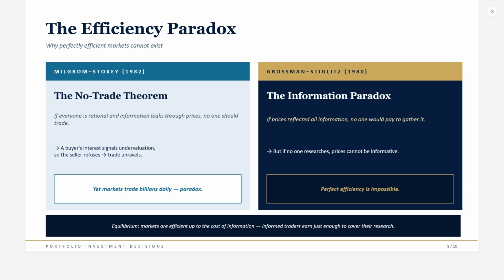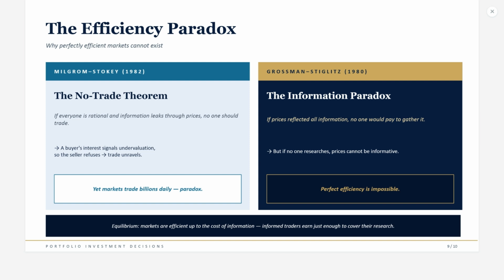When it comes to the efficiency paradox, why can perfectly efficient markets not exist? We can explain the paradox with the Milgrom-Stokey theorem and the Grossman-Stiglitz theorem, which was described in the 1980s. It talks about the information paradox: if prices reflected all information, no one would pay to gather it. But if no one researches, prices cannot be informative.